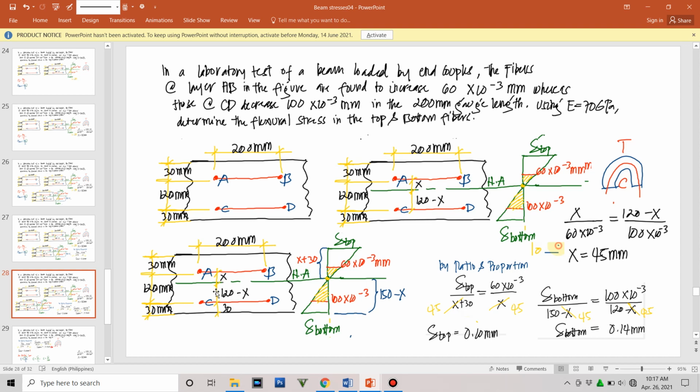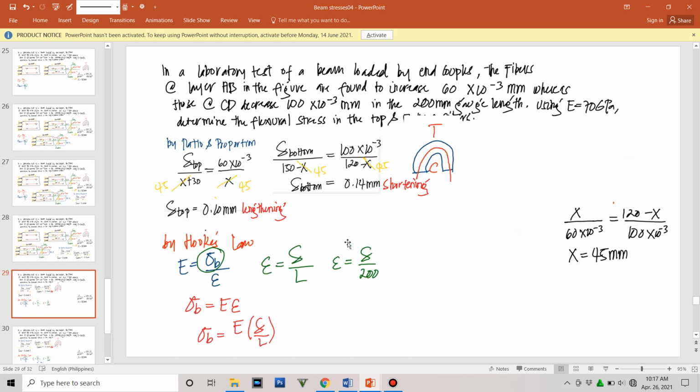So ito yung 120 minus x. So we substitute 45, and by manipulation we can derive delta bottom. So we have now the two top and bottom deformation.